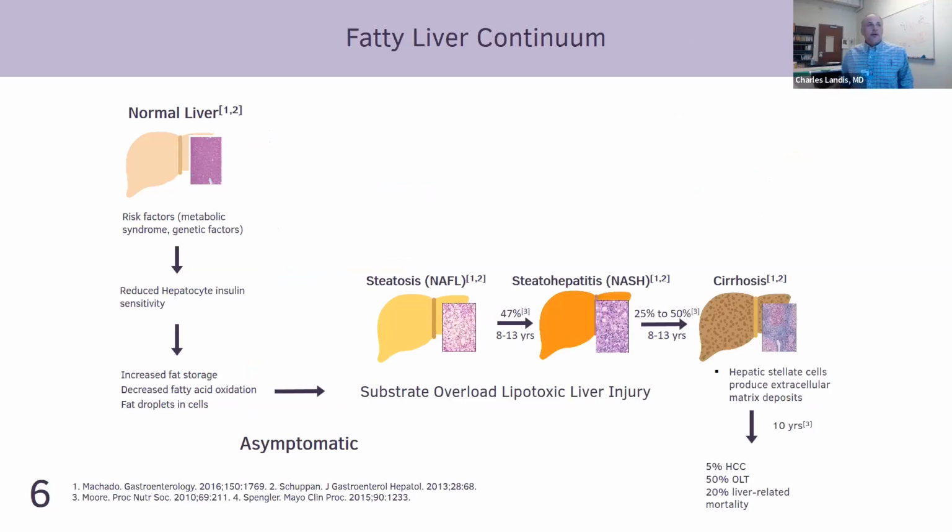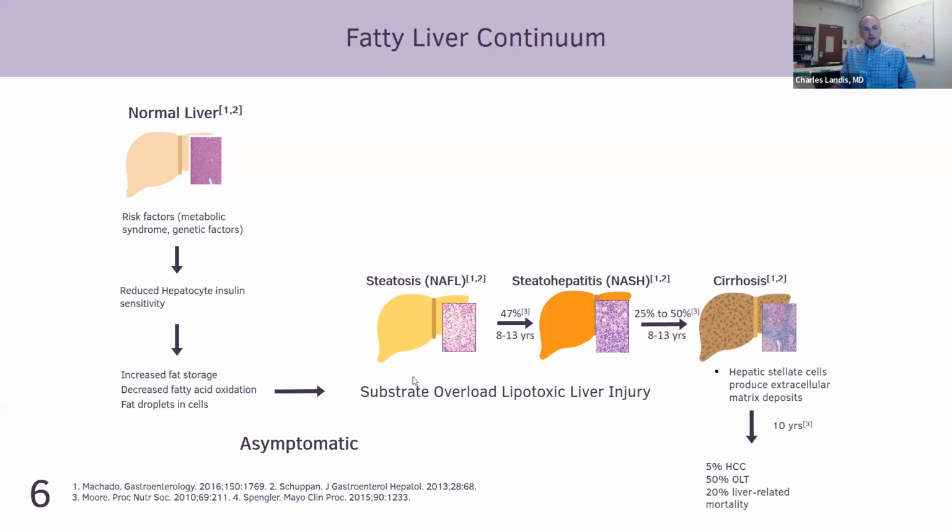We often think of fatty liver as a continuum, starting with a normal liver, and then due to environmental, metabolic and genetic risk factors leading to excess fat in the liver, which can also be at least augmented by and also exacerbate insulin sensitivity.